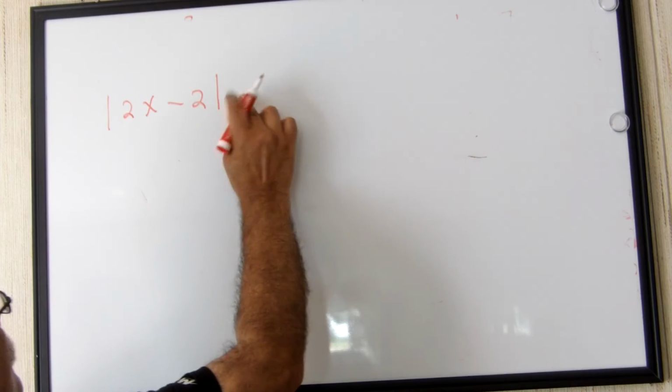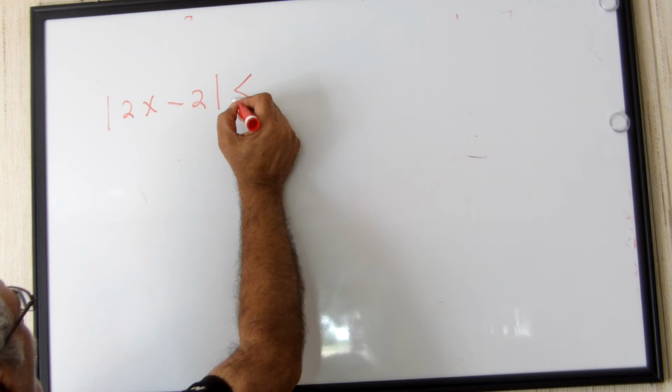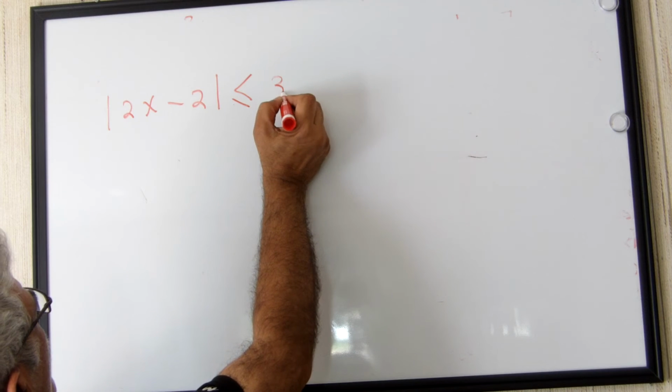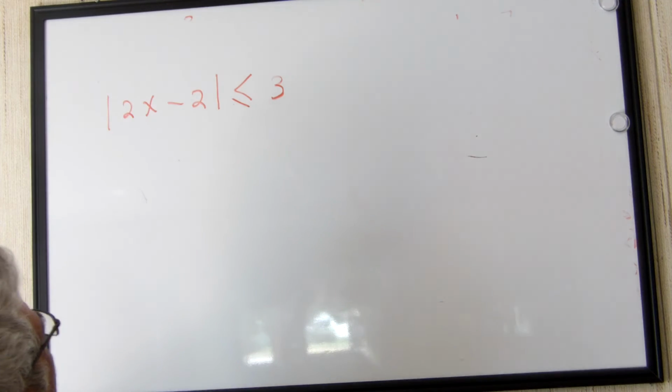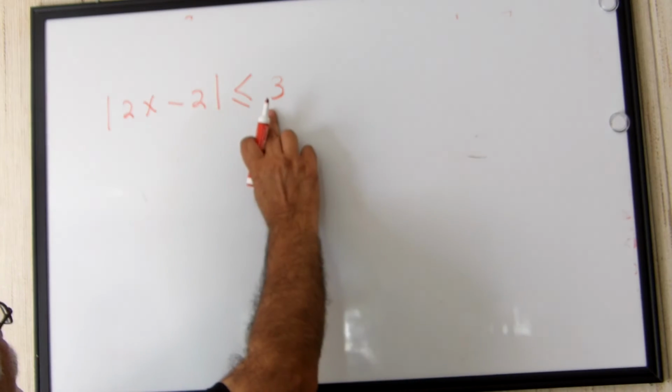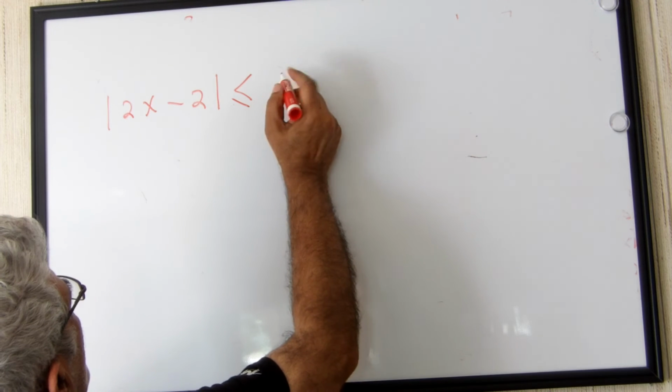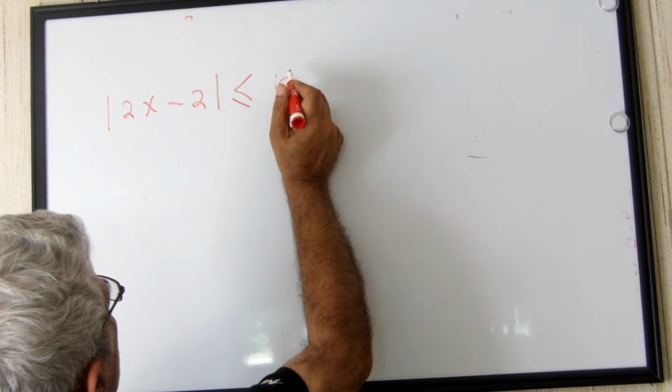So we have time to solve another one. 2x minus 2, let's use this one, is less than or equal to 6.